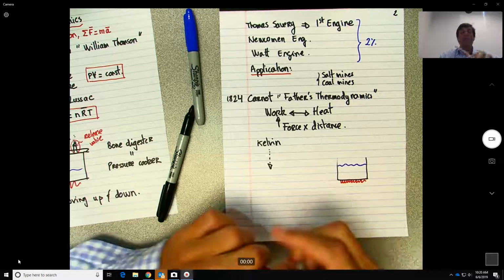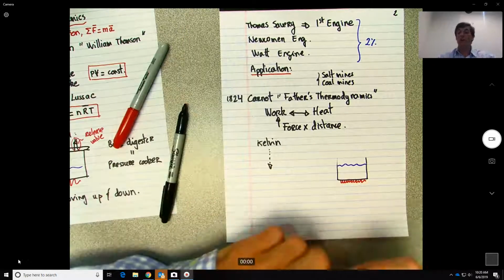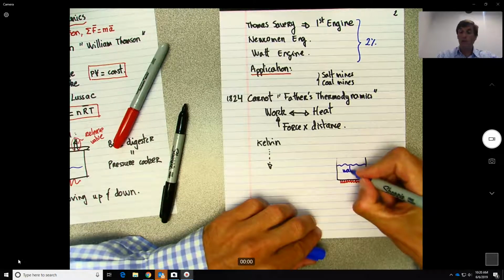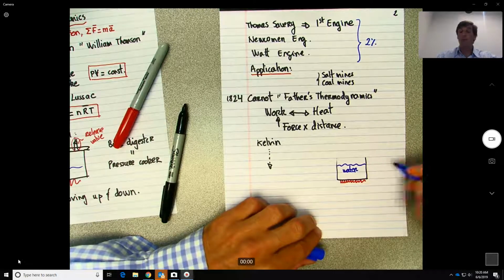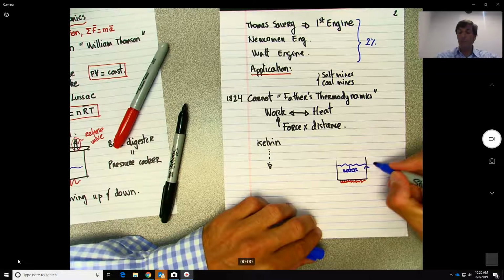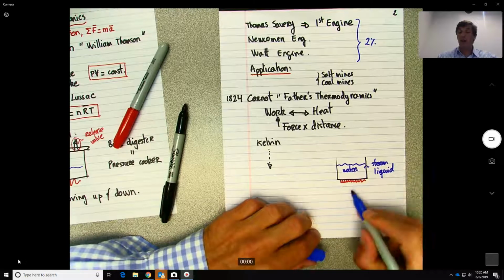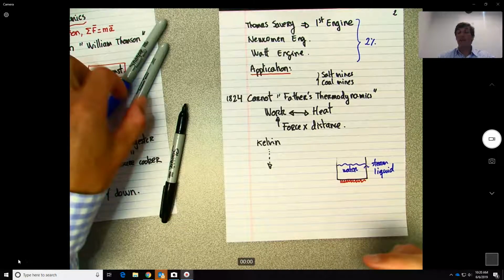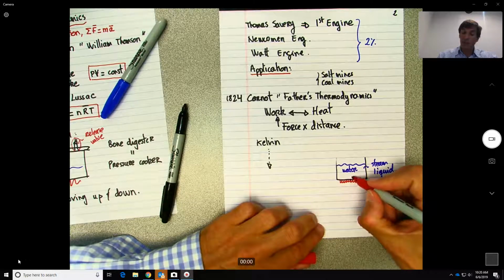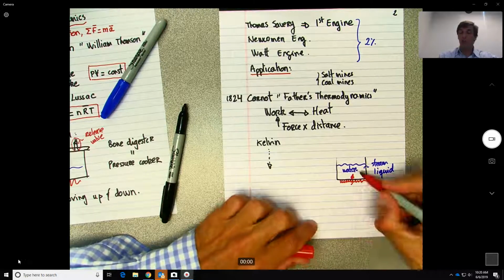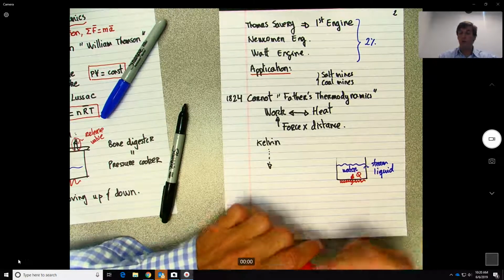So what's happening? As you heat the water, it's going to start to heat up, but some water will become steam. Some water remains liquid. And as the heat is being transferred into the pot and into the water, this will be again our Q.